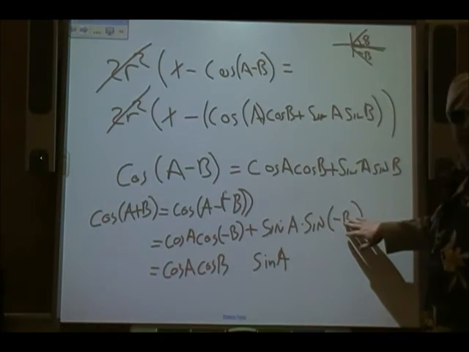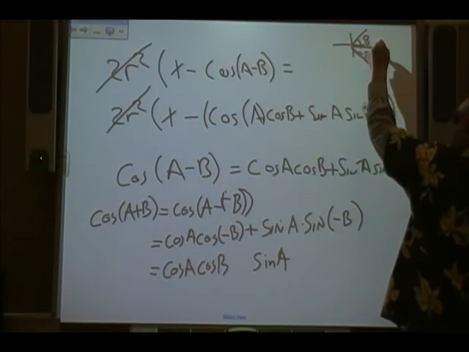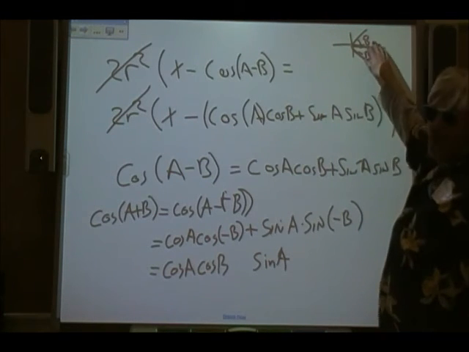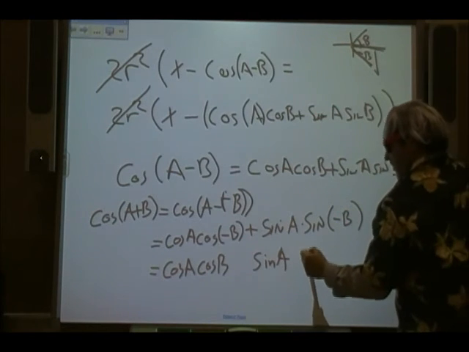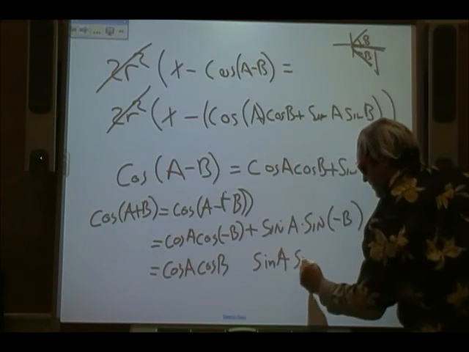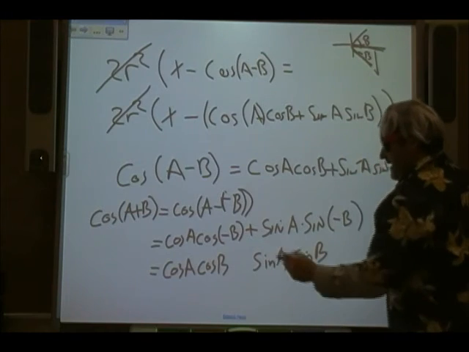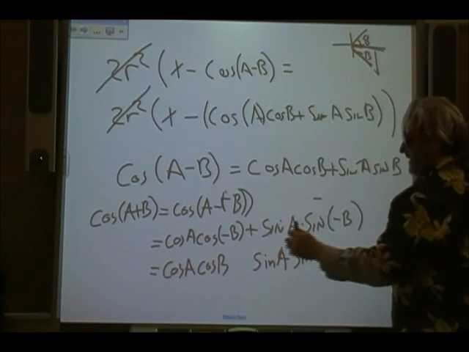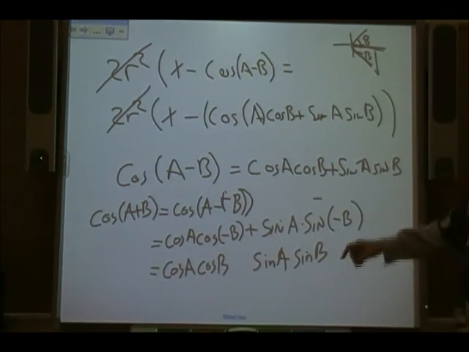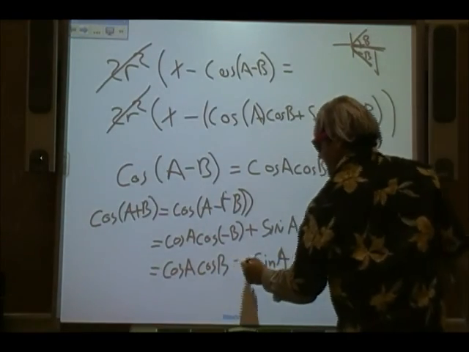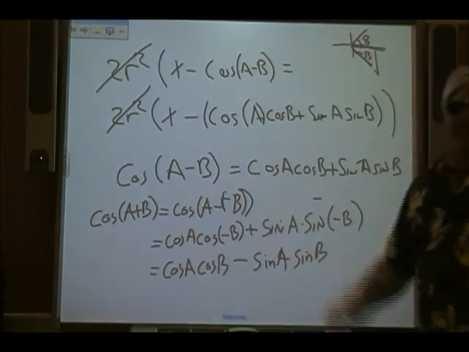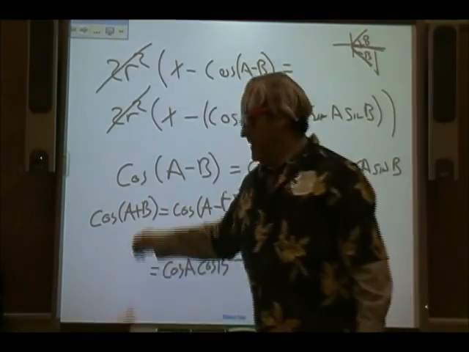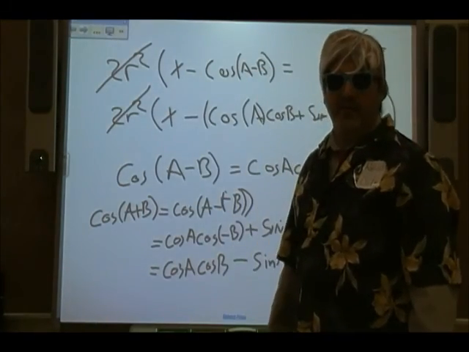But this sine of negative B, remember sine deals with y. Y is negative when you go down, so this becomes a negative. This becomes a negative, that is a positive, so your answer is a negative. That is the proof of the sum of the two angles.